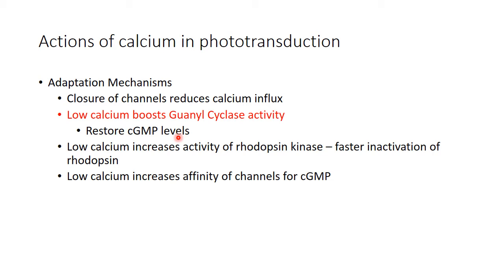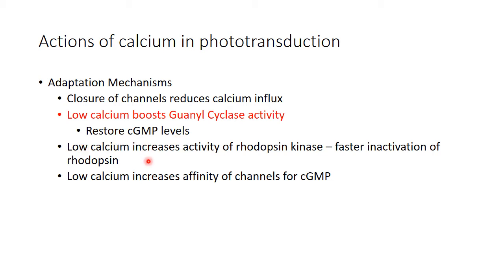So when the photoreceptors are exposed to very bright light, this decrease of calcium will restore the levels of cyclic GMP, which will lead to reopening of a fraction of these channels, and therefore restore the sensitivity to light for these photoreceptors. Some other actions of calcium are also listed in this slide.